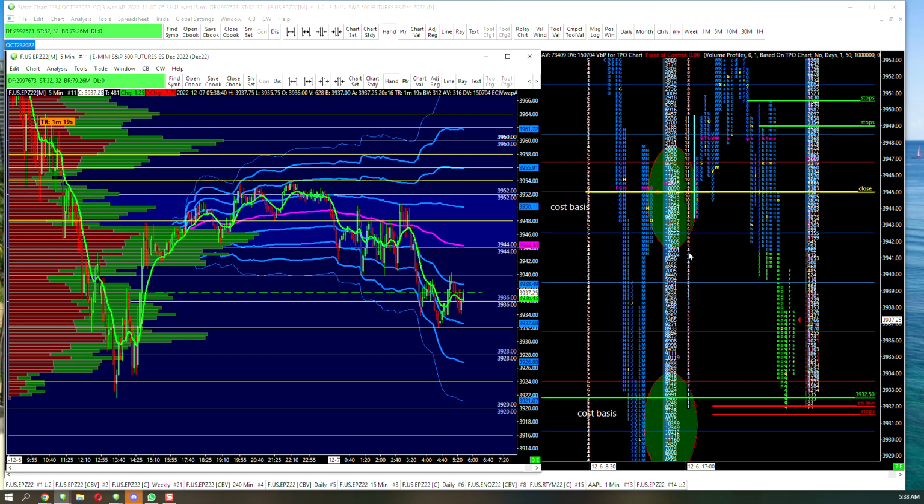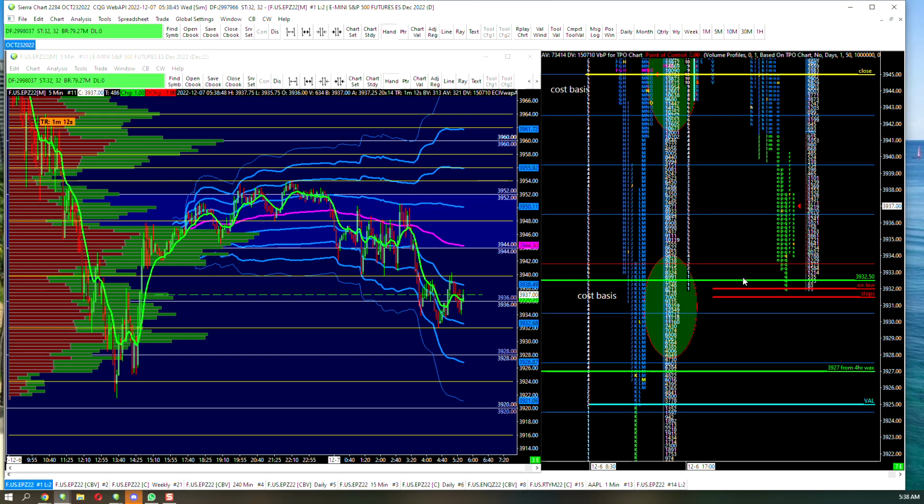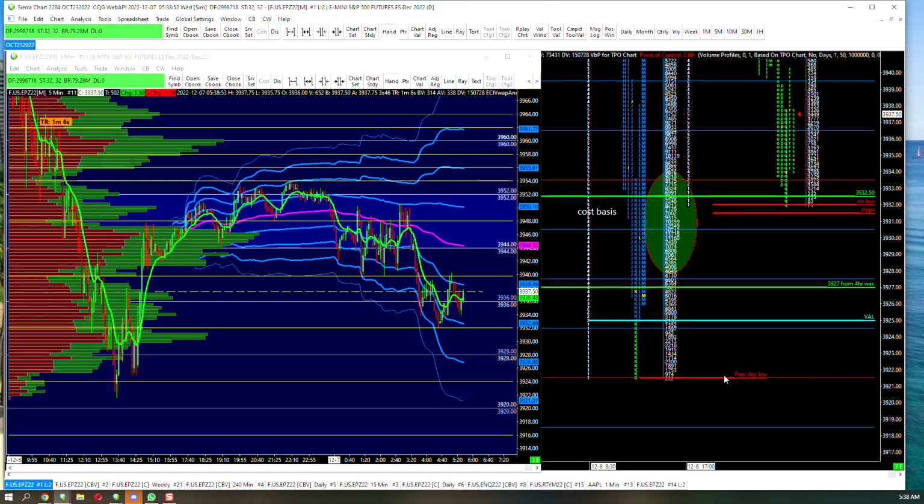Now, what happens if a big seller comes in or a series of large sell orders? We will get down, break this cost basis, break 39.27 value area low. And remember, today in our regular trading session at 9:30, this 39.21.5, that is a huge level that we'll be looking for on a longer term scale.